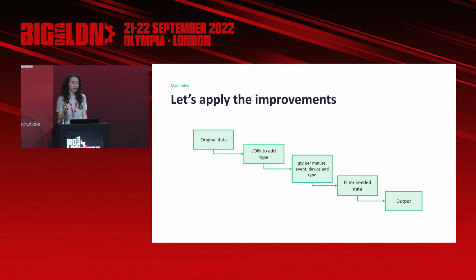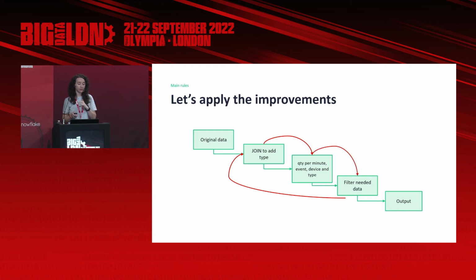So if we go back to our case, that's what we have defined, right? We perform the join, then we calculate the quantity, and then we filter the data. So based on these rules, what we have to do is first perform the filter, then perform the join, and in the last step, perform the calculation.